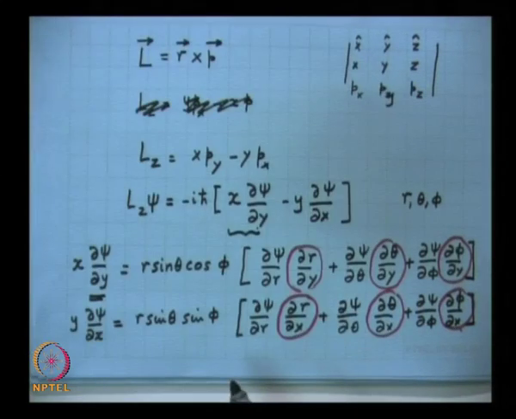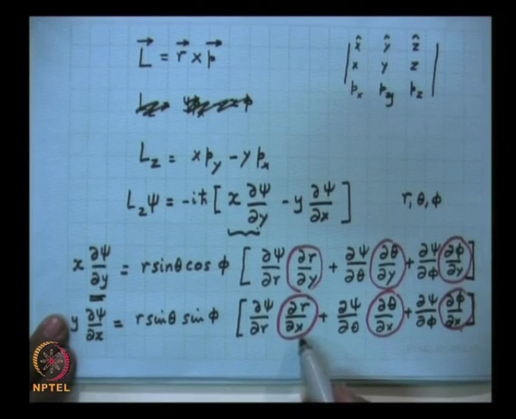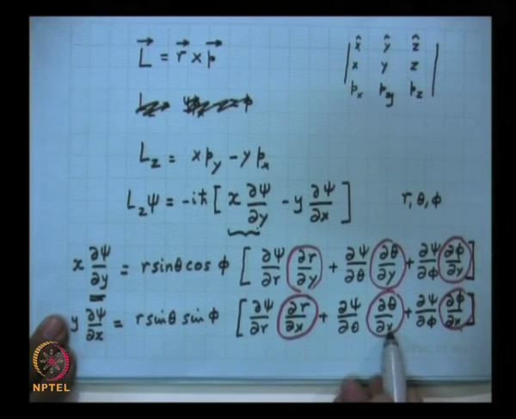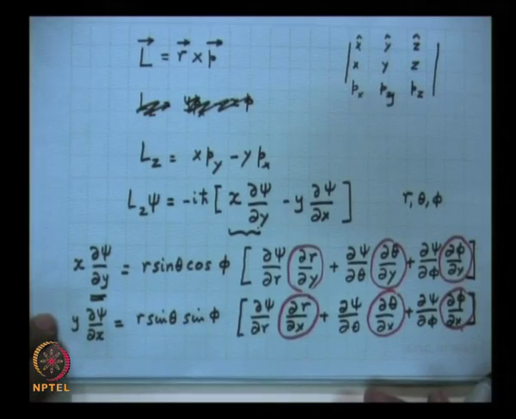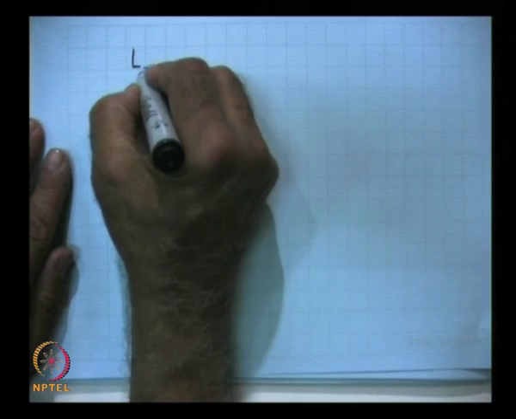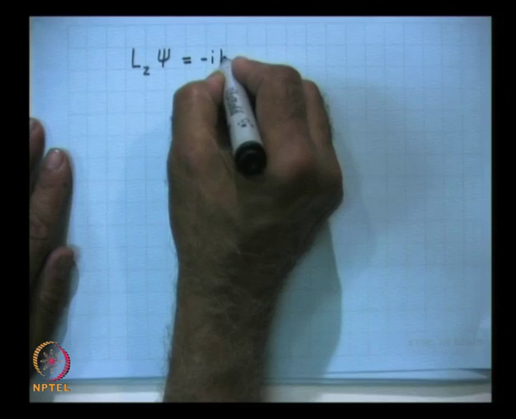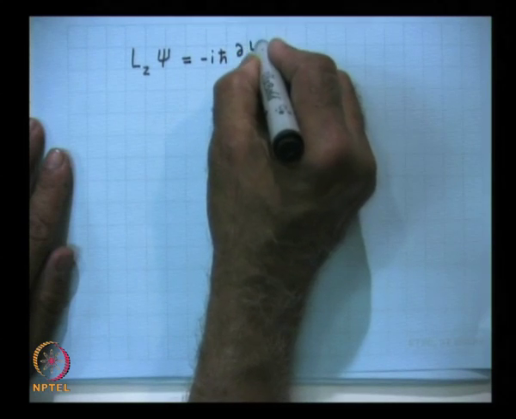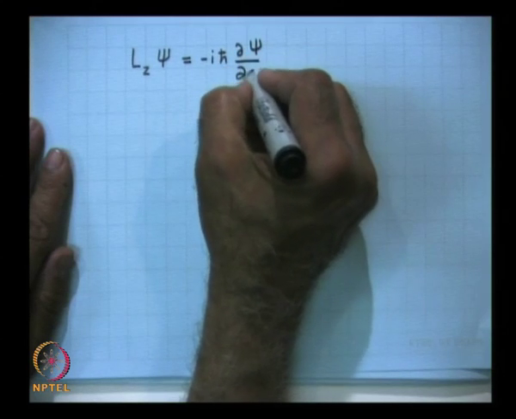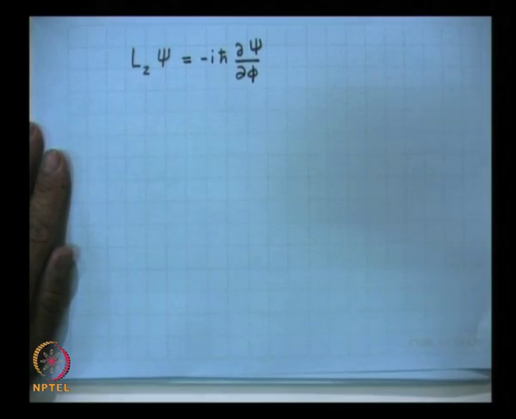So everything is there. We just have to substitute those expressions, carry out a simple manipulation, and one finally obtains this remarkable result, that Lz psi becomes equal to minus i h cross delta psi by delta phi. It simplifies to this particular relation.